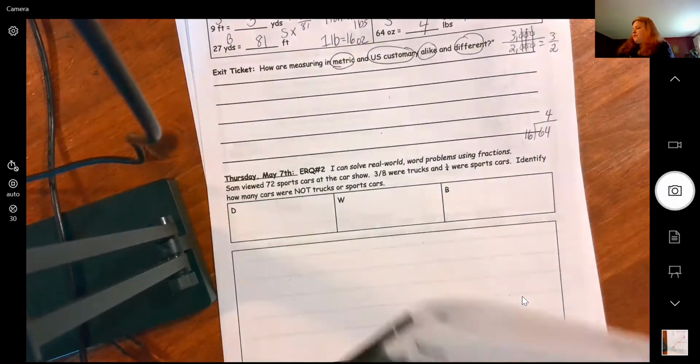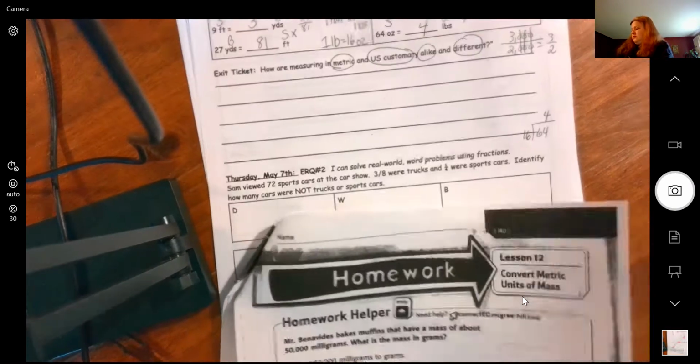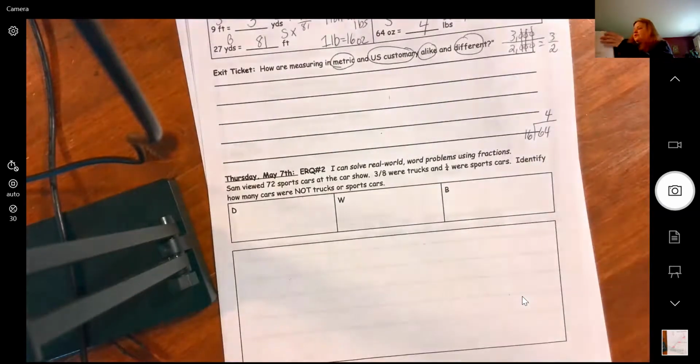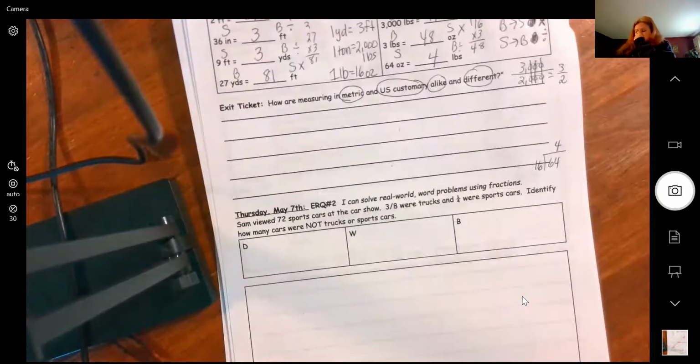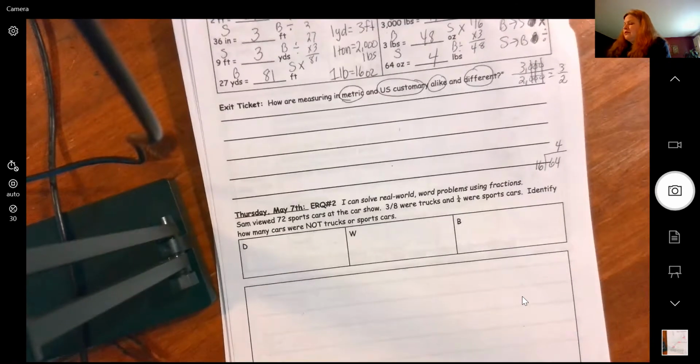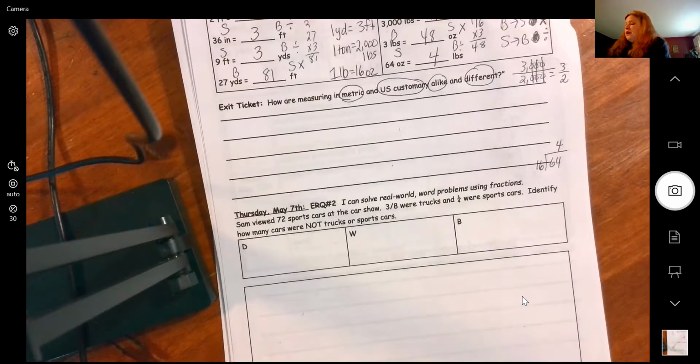All right, so we're going to jump into our learning for today. We are on lesson 13. Remember, our ERQs are practicing solving real-world multi-step problems using fractions. We're going to set this one up, and then you're going to write out all your information and solve.